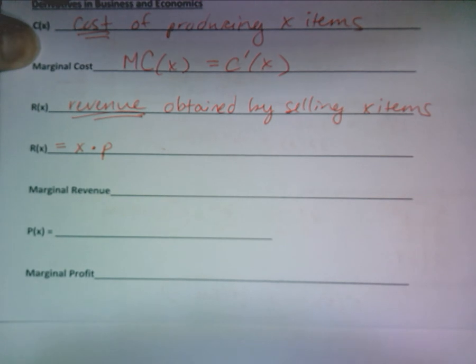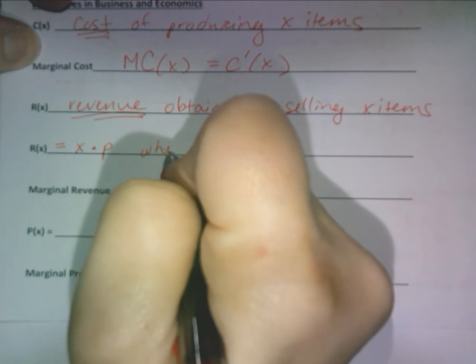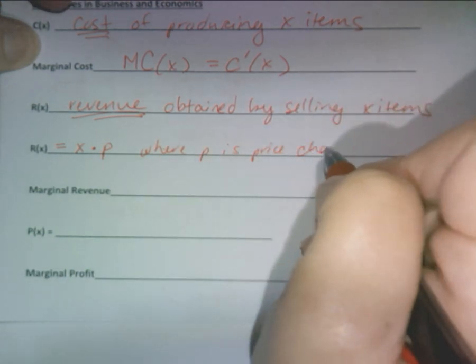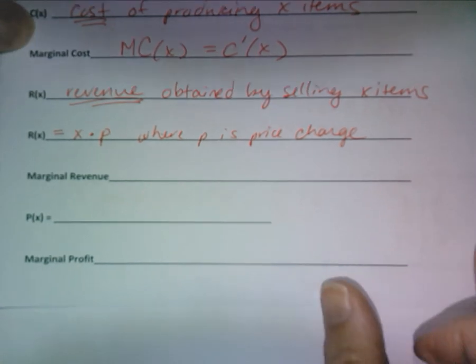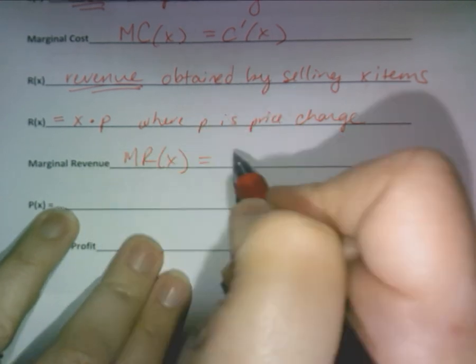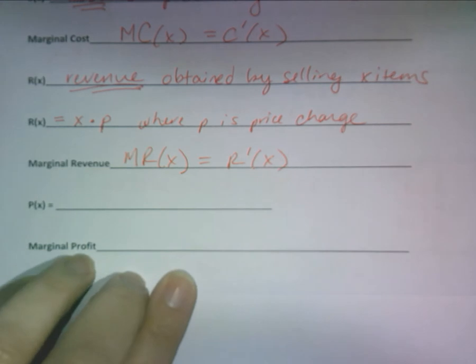Sometimes they call it P, sometimes they call it P of X. I'm just going to call it P, where P is the price charged for the item. Marginal revenue would be the rate at which the revenue is changing, R prime of X.